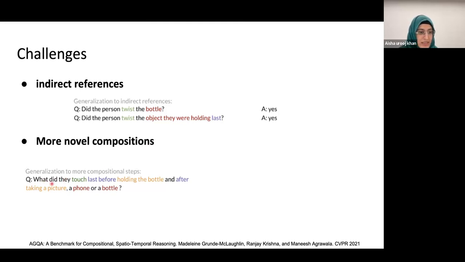Here is an example. The question is, what did they touch last before holding the bottle and after taking a picture, a phone or a bottle? Each colored word here is basically a composition. To come up with the right answer, we have to generalize to 1, 2, 3, 4, 5, at least 6 compositional steps required to answer this question.